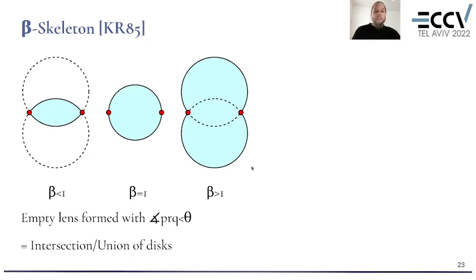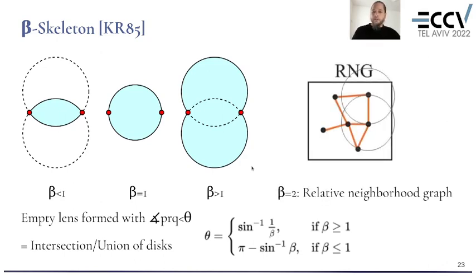So this empty lens area is formed with an angle on the two points and one on the lens, and this must be smaller than a certain angle theta, and theta is computed from this parameter. For beta equal to 2, this equals the relative neighborhood graph that we presented in the first part.